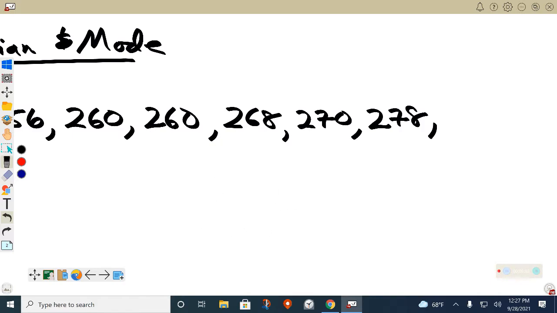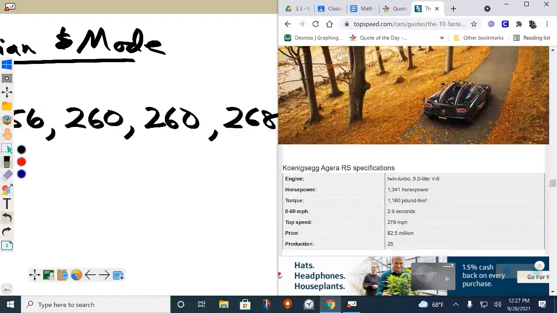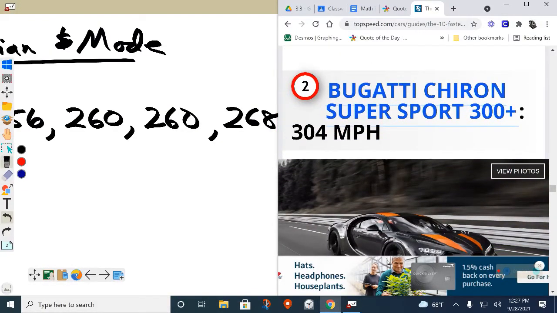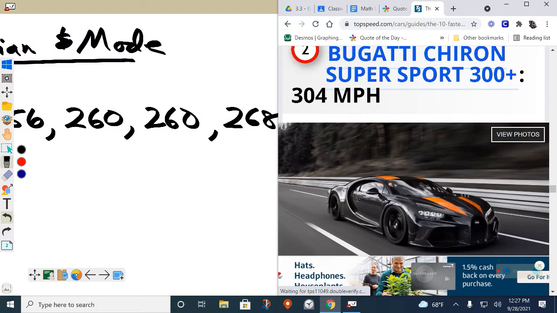Now keep in mind, there are cars that are faster than this, but these are production vehicles, vehicles that a company actually makes. But there have been people who've made way faster cars than this. So top two now. Bugatti Chiron Super Sport, 300 plus. That puppy's coming in at 304 miles per hour top speed. That's quick.